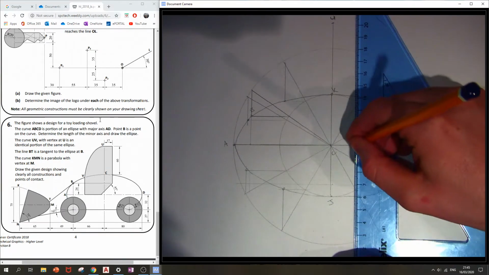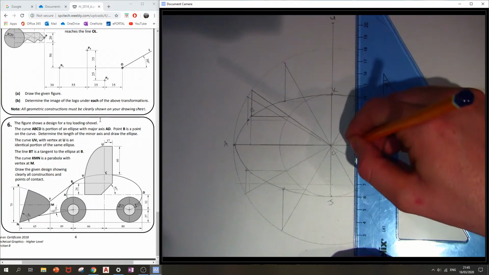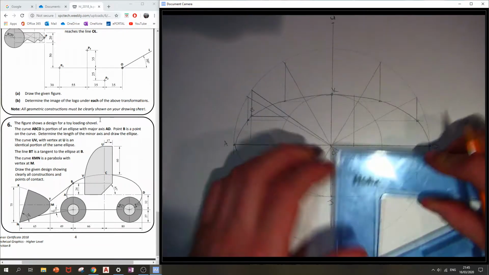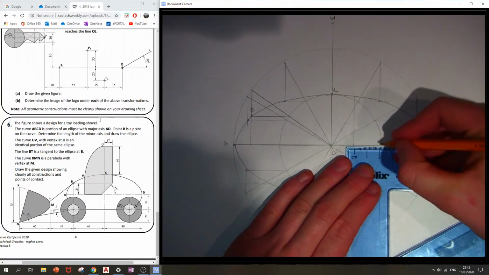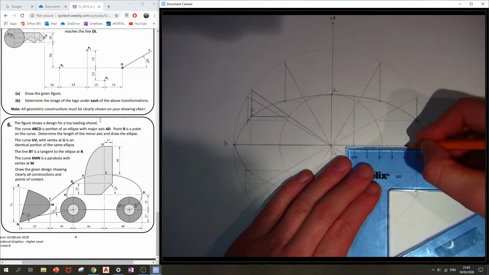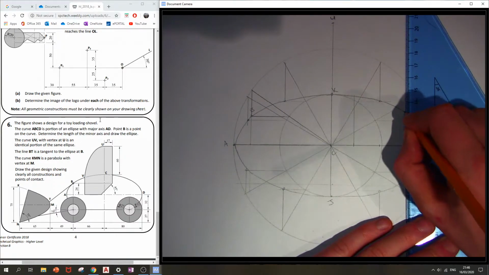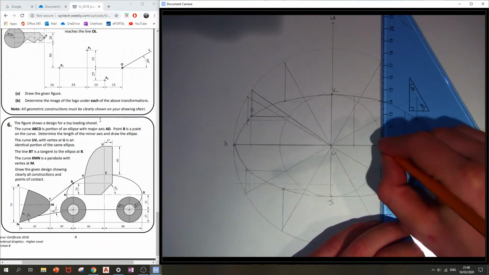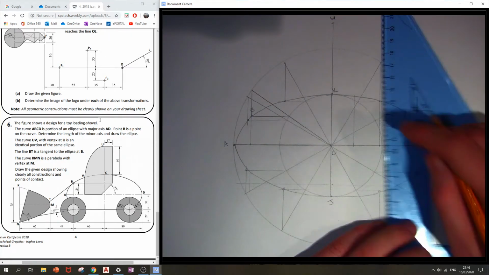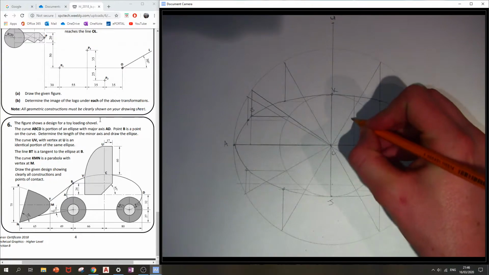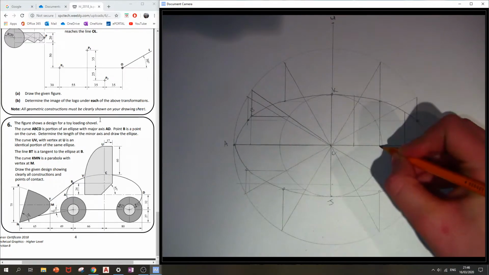And I'm going to take this width here. I'm going to divide this section up into 20 and into 40. From these 2 points I'm going to get the width of my ellipse at those points. So I've identified this height, and this height.